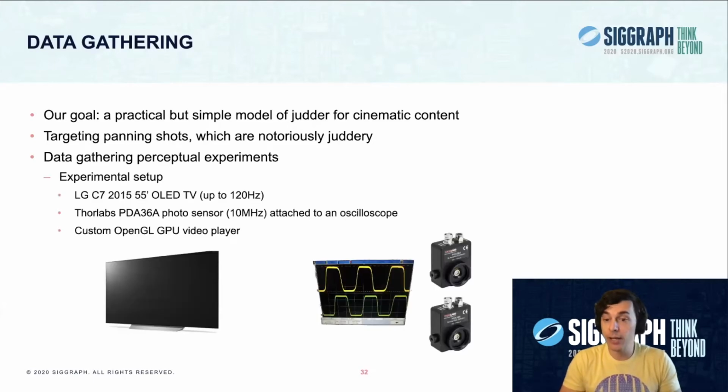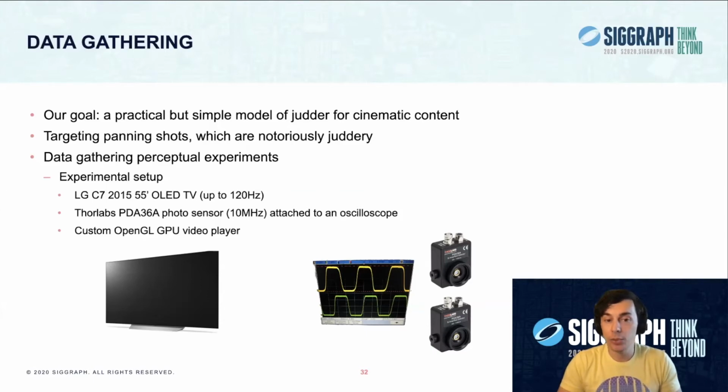To do that, we have to create an experimental setup where we can show high frame rate content in a very reliable way. What we did for that was we used an LG C7 commercially available OLED television that can show stimuli at 120 Hertz. We used some photosensors from Thorlabs attached to an oscilloscope that can take very fast measurements of our display, and we can produce plots like the ones seen here to see that there weren't any hiccups with the presentation.